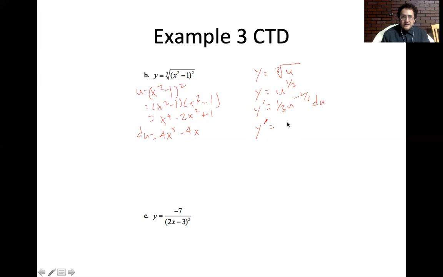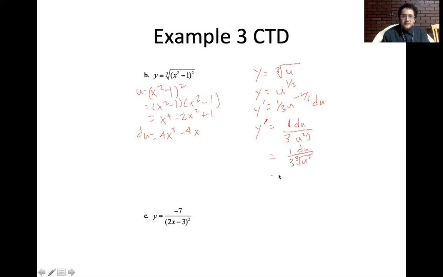So the 1 and the du go in the numerator, and in the denominator I have a 3 times u to the 2/3. I'm going to put it in radical form, so this would be 3 times the third root of u squared, du.